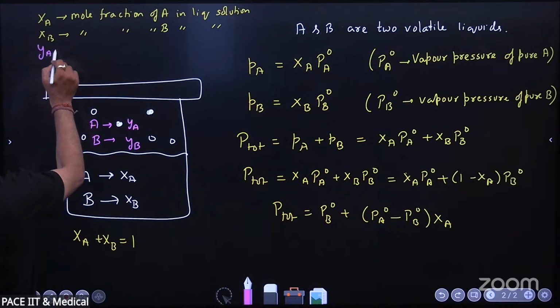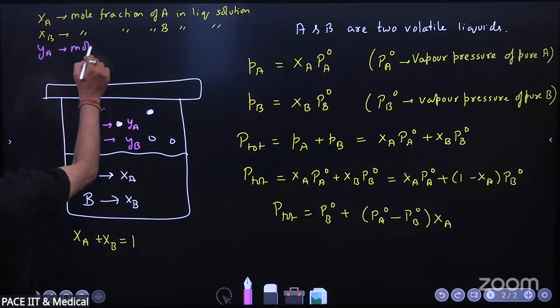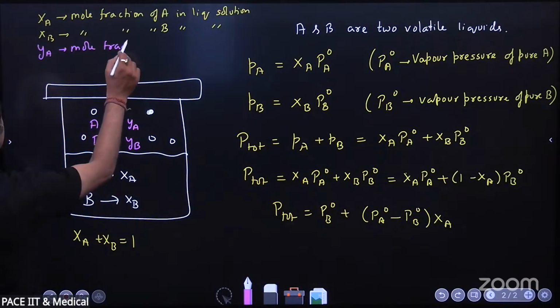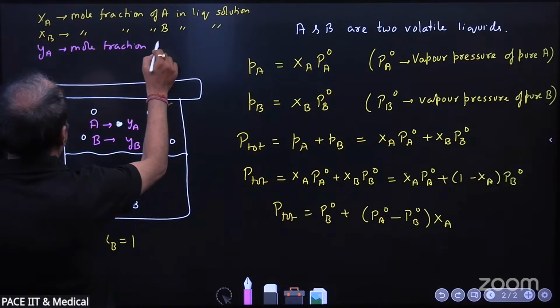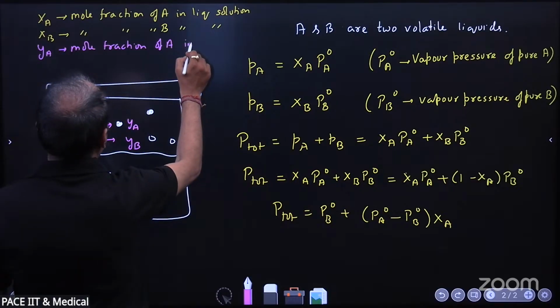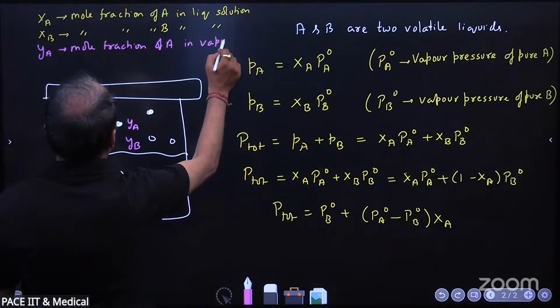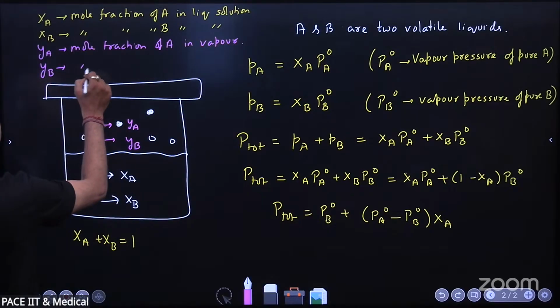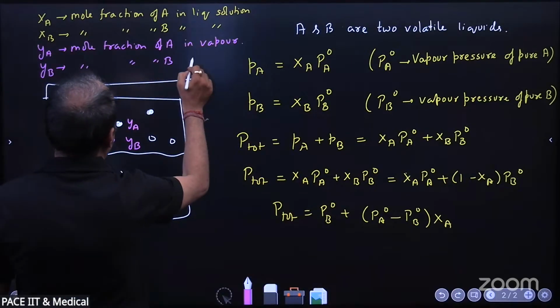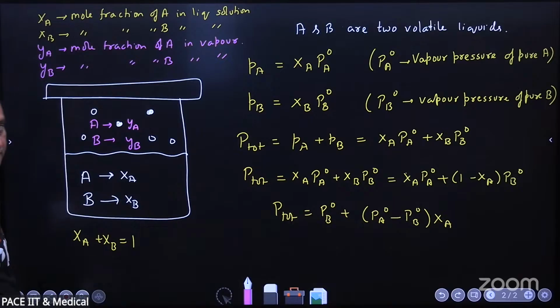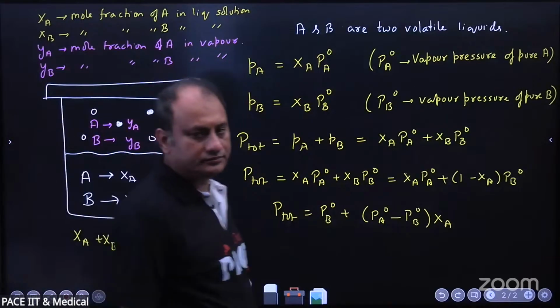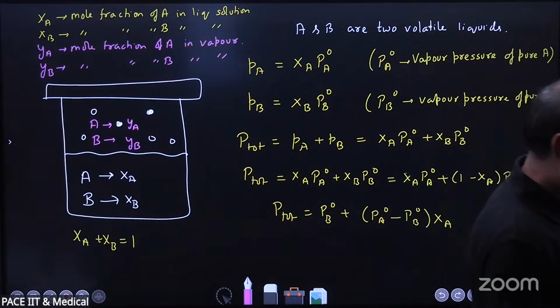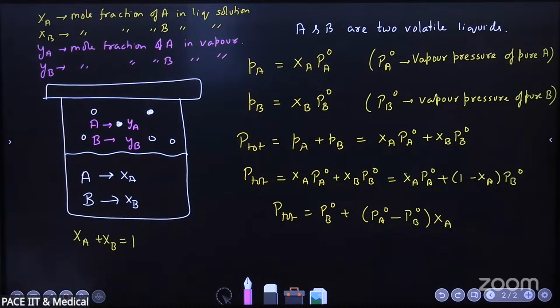YA, mole fraction of A in vapor. And similarly, YB, mole fraction of B in vapor. Okay. So how can we find our expression for YA and YB?